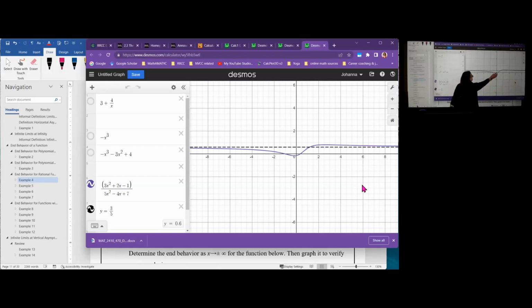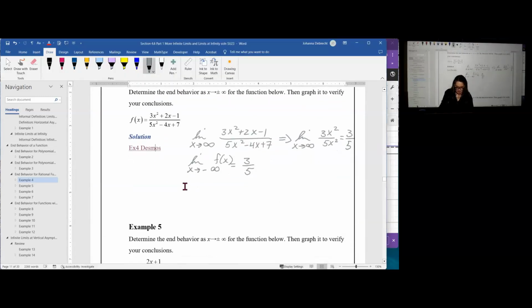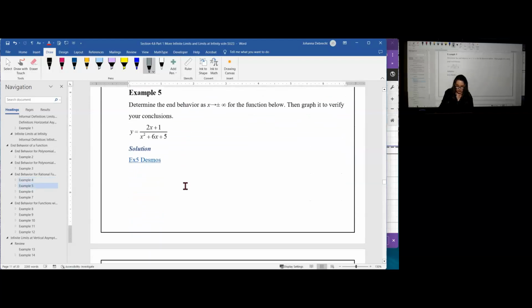On the left, it stays below the asymptote and approaches the asymptote from below. So although the end behaviors are both approaching 3/5, they're approaching it in a different manner. We'll look more in depth at how the derivatives and limits affect the shape of the graph when we get into chapter 4. Let's now return to the notes, and I would like you to try example 5 on your own.